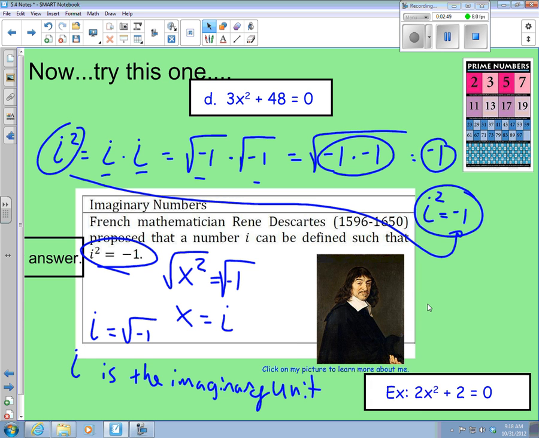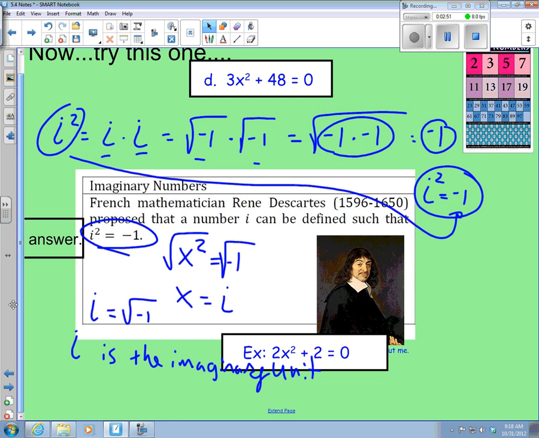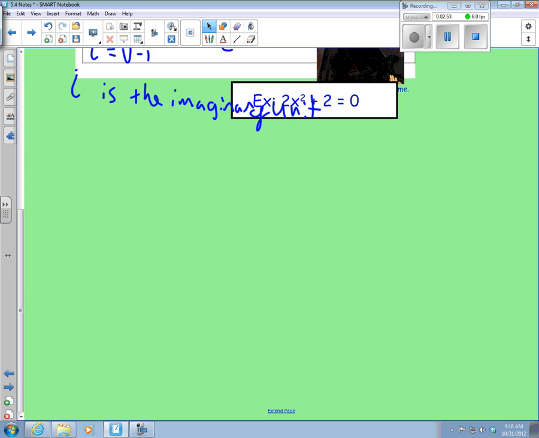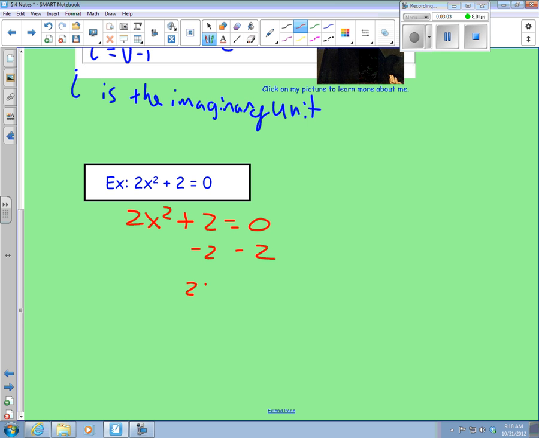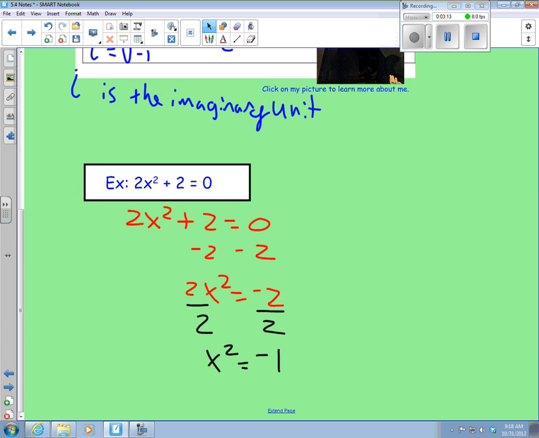Example. We're going to go to this problem right here. To solve this, 2x squared plus 2 equals 0, we're going to subtract 2 from both sides and get 2x squared equals negative 2. Dividing both sides by the 2, I get x squared equals negative 1. Now, how do we solve this?